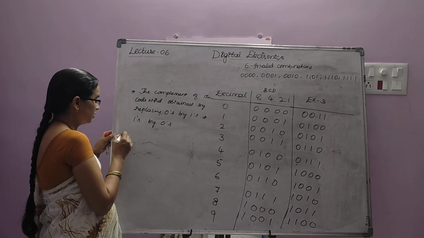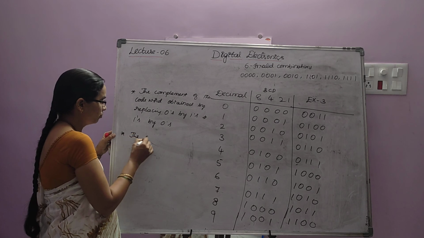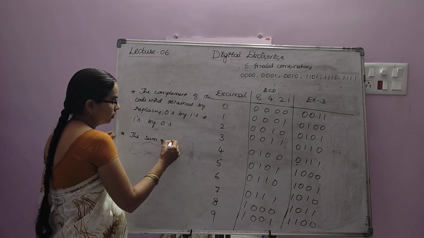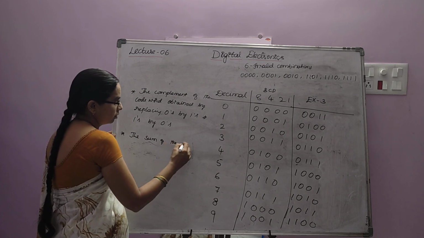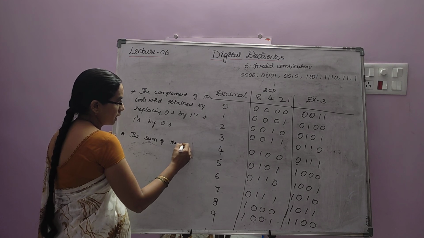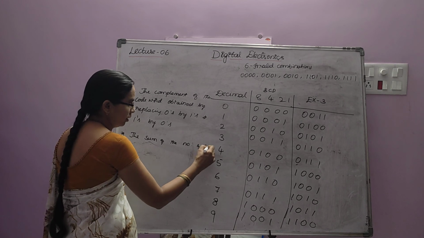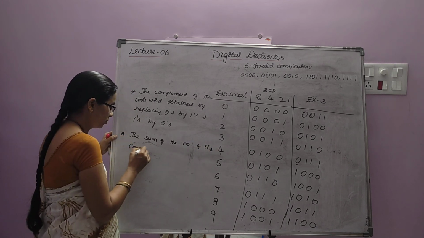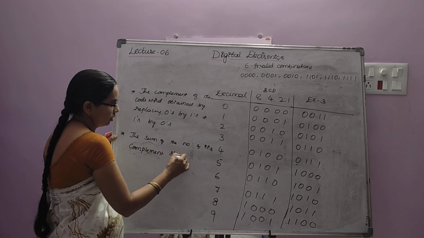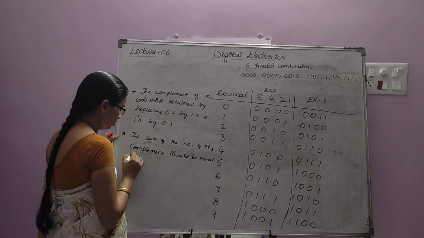Okay, and the second property: the sum of the XS3 number, the sum of the number and its complement, should be equal to 9.